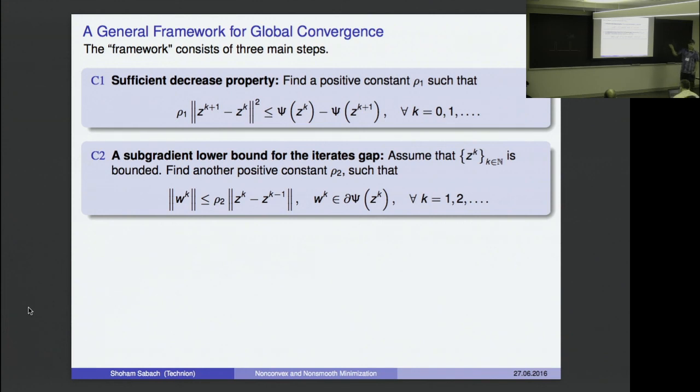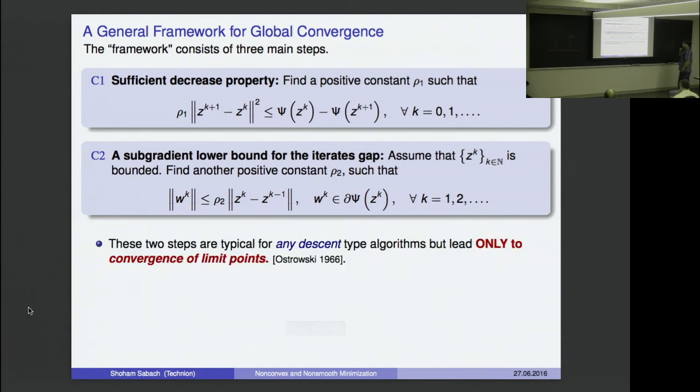The problem with these two conditions is that they usually lead only to limit point convergence, which means that any limit point of the sequence is indeed a critical point, but it's not enough for showing global convergence of the whole sequence to a critical point.